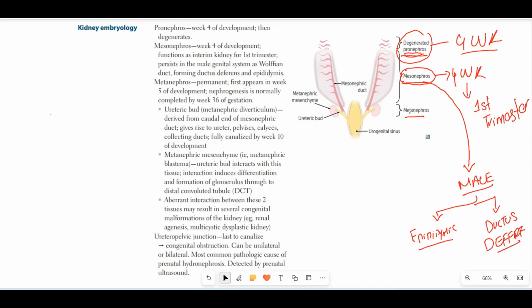So the last one is the metanephros. This metanephros gives rise to the permanent kidney. There is a bud that develops from the caudal end of the mesonephric duct, known as the ureteric bud.